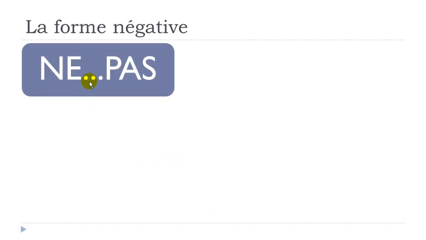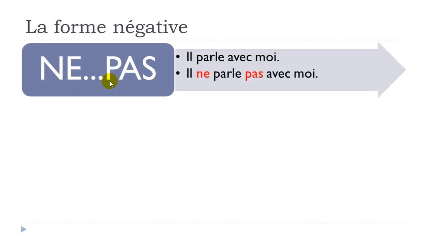So for ne pas, if you get a sentence like il parle avec moi, so il parle, he is talking, avec, with, moi, me. Remember this moi, we introduced that in this unit, and it was a pronom tonique. Il parle avec moi.